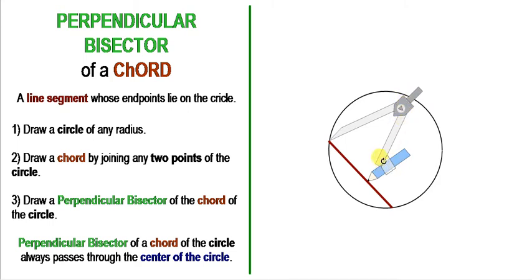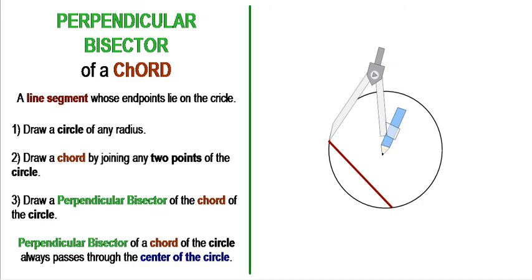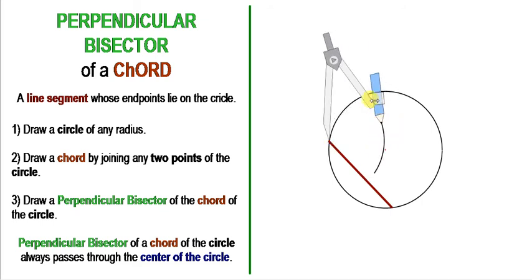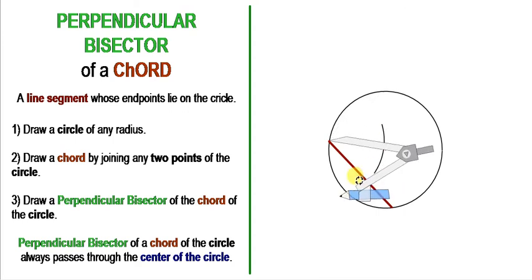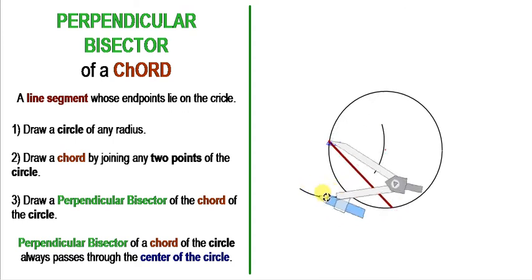Since in the video of perpendicular bisector we have shown that we just need a point of intersection, instead of drawing the whole circle like this, I am not drawing the whole circle. I am just taking arcs. One arc right here and another arc right here. Okay, I have taken 2 arcs.